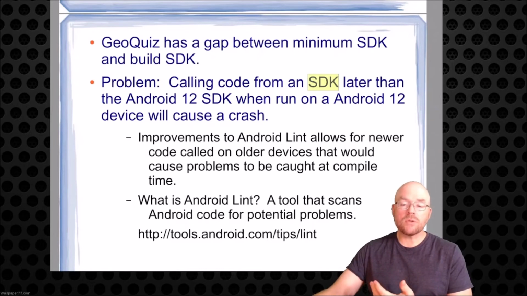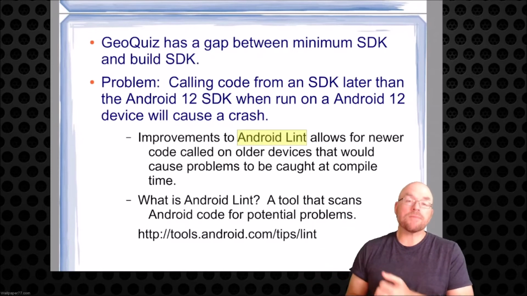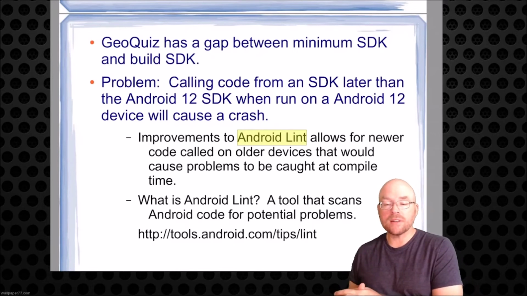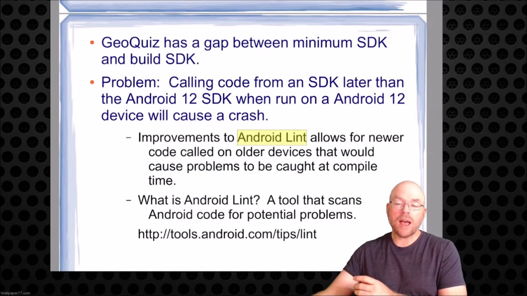Now there's this tool called Android Lint, and that scans your code looking for problems or potential problems. Android Lint has had several improvements that allow problems with newer code running on older devices to be caught at compile time. Okay, so how are we going to get around this?